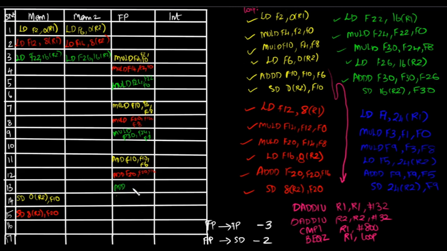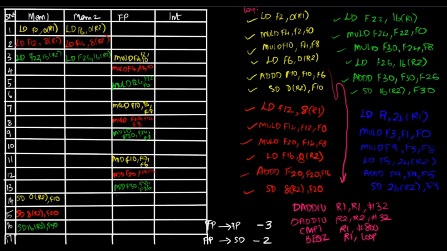Add F30 comma F30 comma F26. So this store can go here, SD 16 of R2 comma F30. Okay, so we have filled the third iteration.